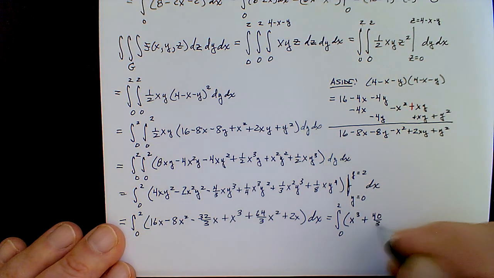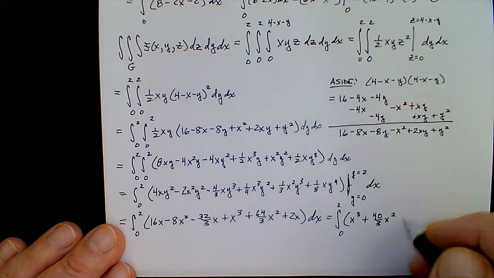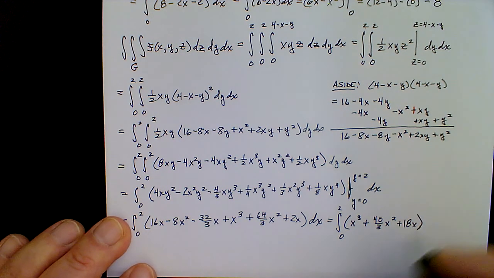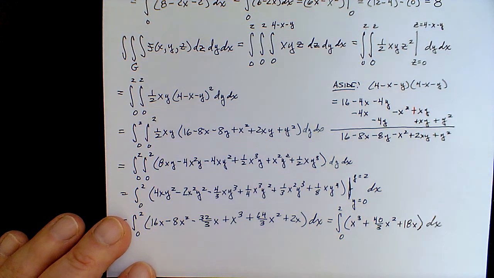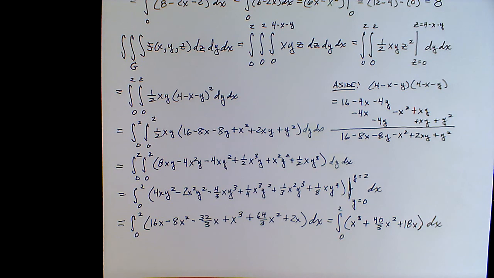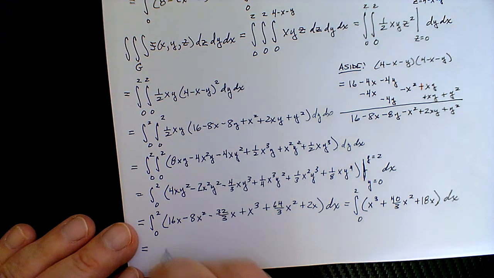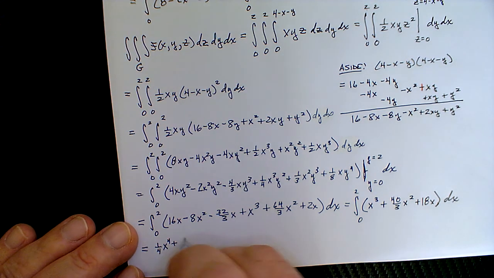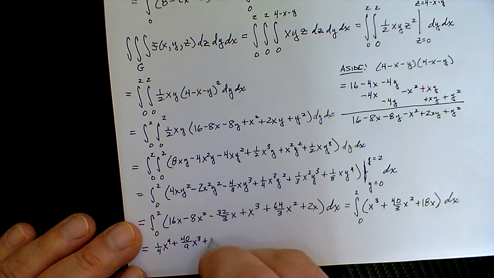The x's give us 18x, and that's it. That's all with respect to x. Alright, so finally, well, not finally yet, but close to finally, 1/4 x to the 4th plus 40 over 9 x cubed plus 9x squared, evaluated from 0 to 2.